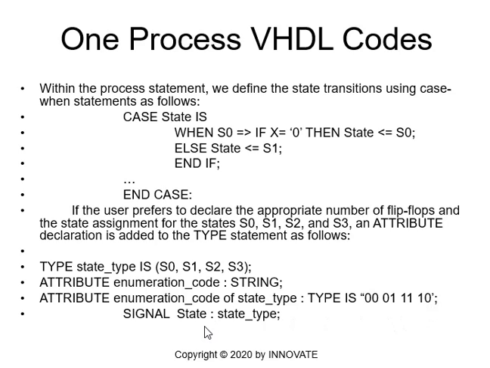Signal state, state type. Now with this, S0 will be 00, S1 will be 01, S2 will be 11, and S3 will be 10. So we will choose our own state assignment. If we don't have this declaration, the program will choose a state assignment as appropriate.